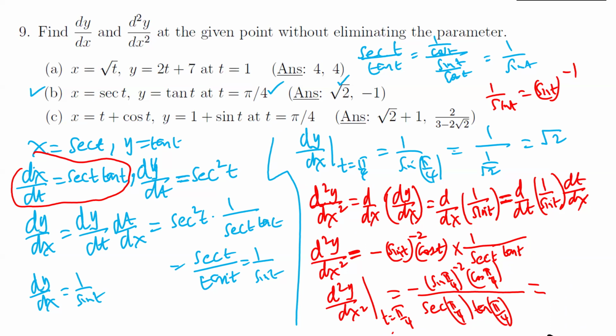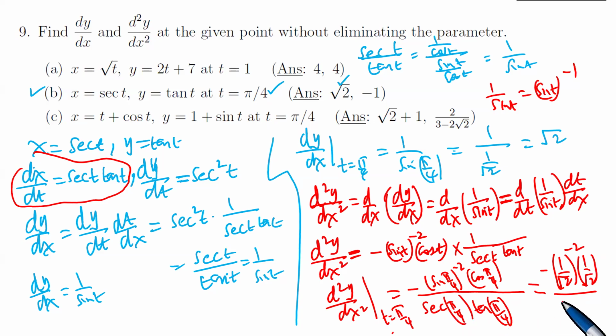Okay, let's get everything and simplify this. So it's minus 1 over the square root of 2, over 1 over the square root of 2 squared.